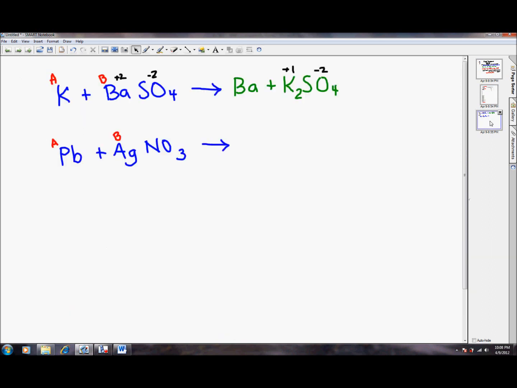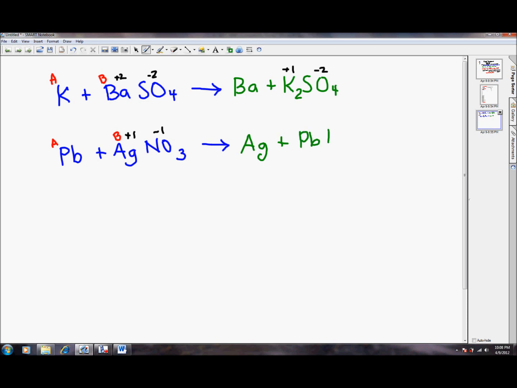Let's go back to our sample problem. Ag is always +1. Or, if you look at it very carefully, nitrate's always -1, and there's one silver and one nitrate, so Ag is going to be positive 1. Now Pb is going to knock out Ag, so Ag is left out here.